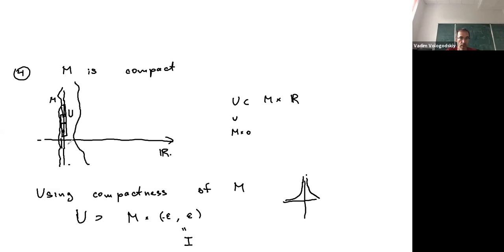And because M is compact, you can pick a finite subcover. So you just take for epsilon the smallest width of the cylinders. Okay, so at least we know that phi sub t is defined for t here. But now it's almost immediate.